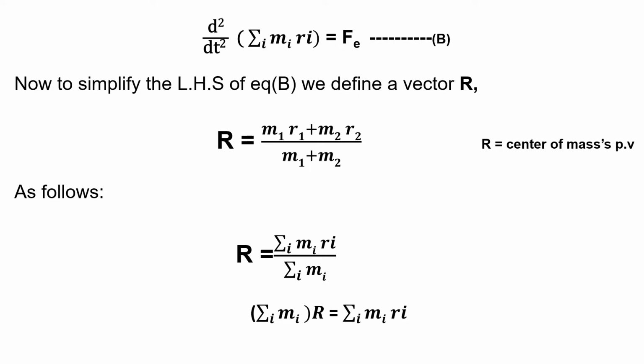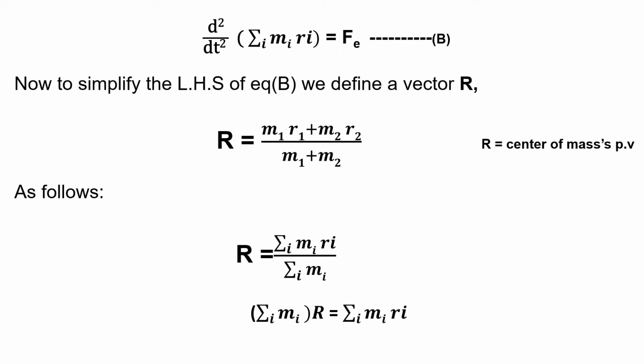Now, as we are dealing with a system of particles, we need to write the equation of capital R in the form of a system of particles, by substituting the summation. So we can write capital R is equal to the summation over i of m_i r_i over the summation over i of m_i, the sum of all the masses for the whole system.